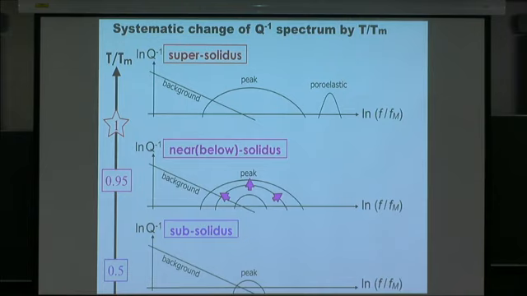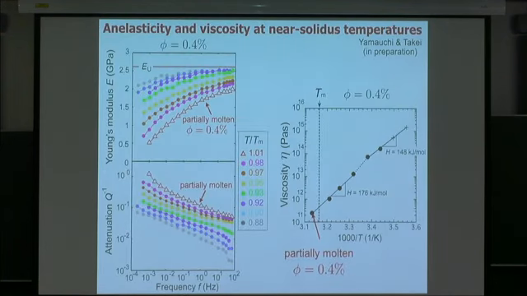And at this temperature, viscosity also showed a remarkable behavior. In this previous slide, we can see a bend at 0.94 homologous temperature, showing that the reduction of viscosity by temperature was accelerated at this homologous temperature, and this behavior was observed robustly.